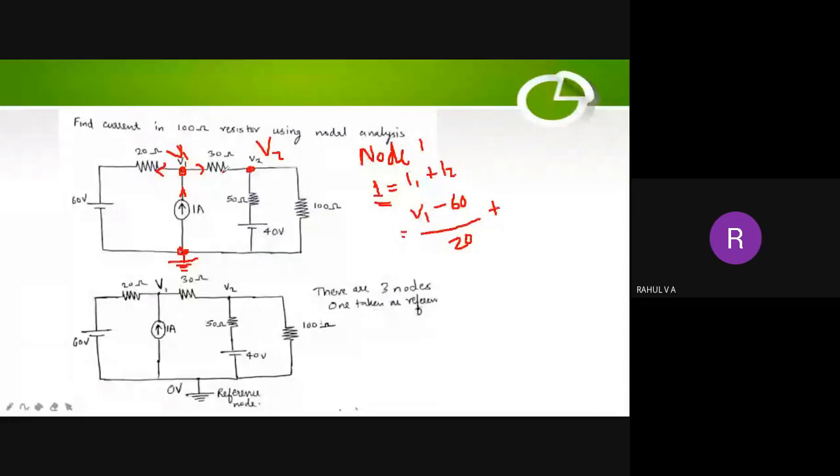The potential difference across the 30 ohm resistor is V1 minus V2, where we assume V1 is greater than V2, divided by 30. That is equal to 1. Then we have to simplify this equation. You will get an equation, which you can write as equation number 1.